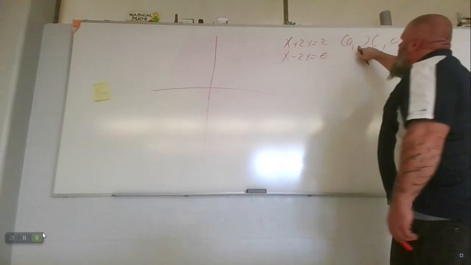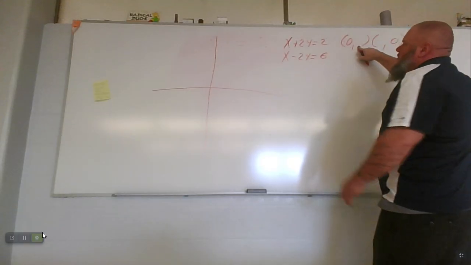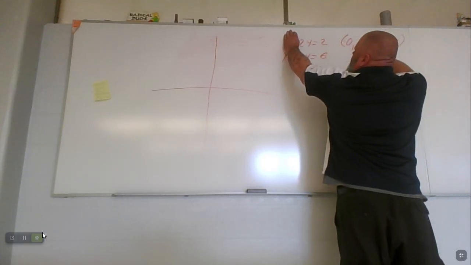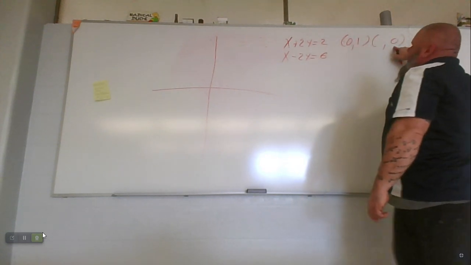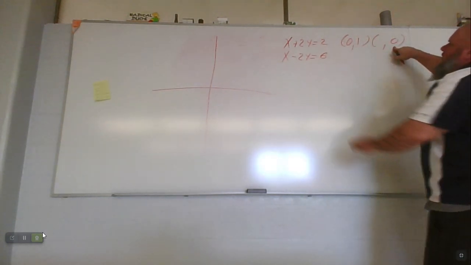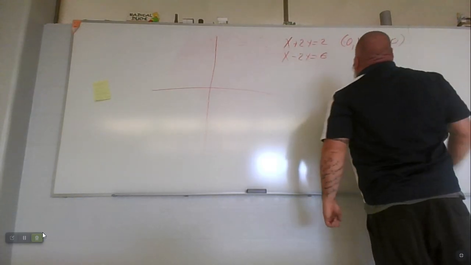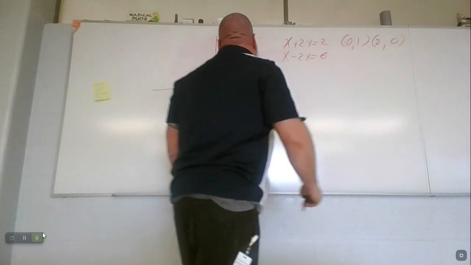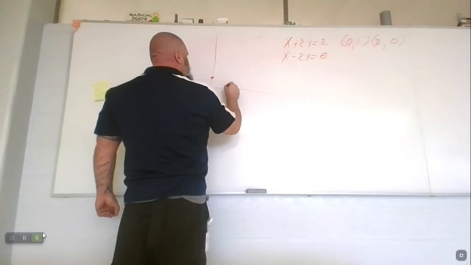Now, for the y-intercept, x is equal to 0. So we're left with 2y equals 2, so y is equal to 1. For the x-intercept, y is equal to 0. So you're left with x equals 2. So we know we can plot the points 0, 1, and 2, 0.